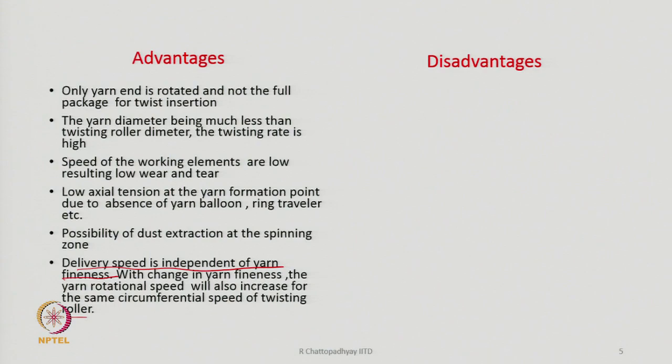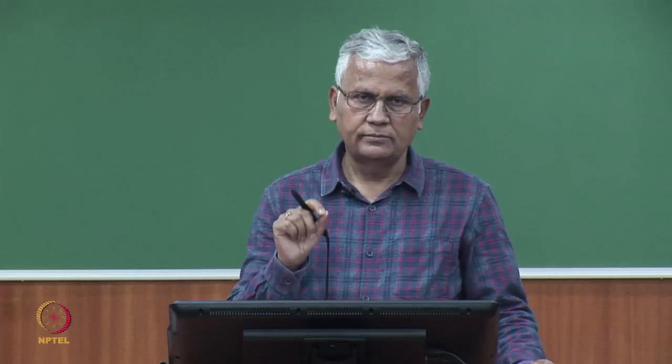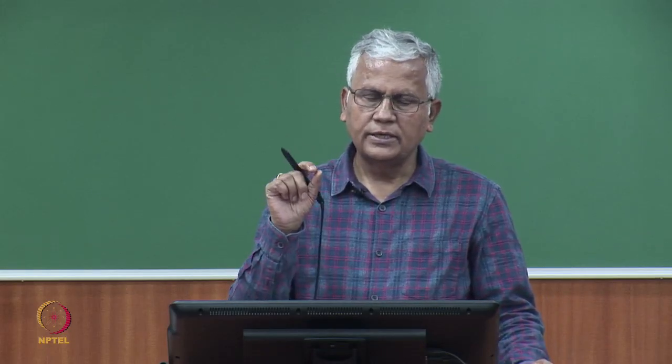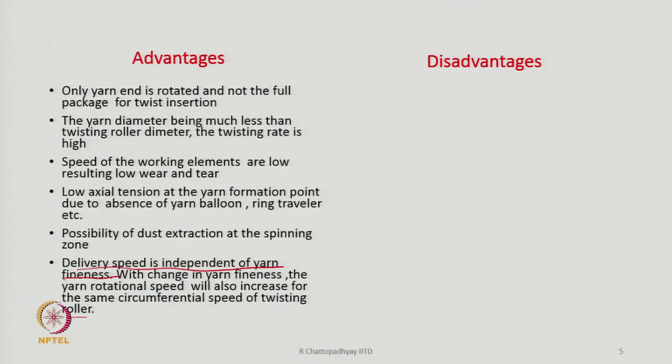Because the yarn tail is receiving motion from the twisting roller through frictional contact, if the yarn diameter reduces when you try to make a finer yarn, then the speed of the yarn also goes up, and therefore, we can say twist will also go up.